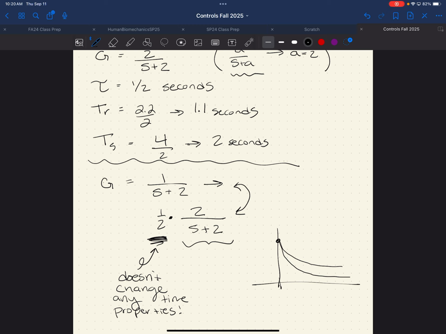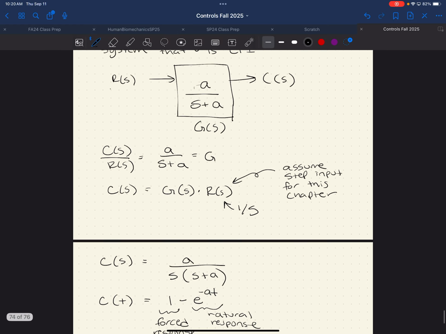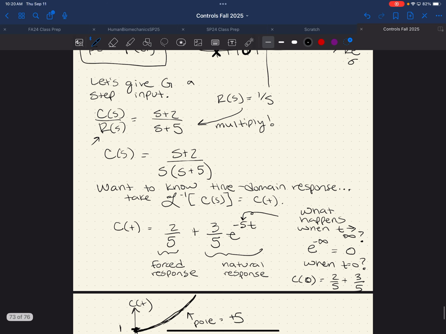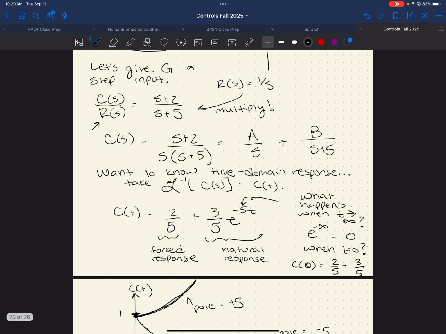Okay, how is it over 5 here? So I should have A(s+5) plus Bs equals s plus 2.